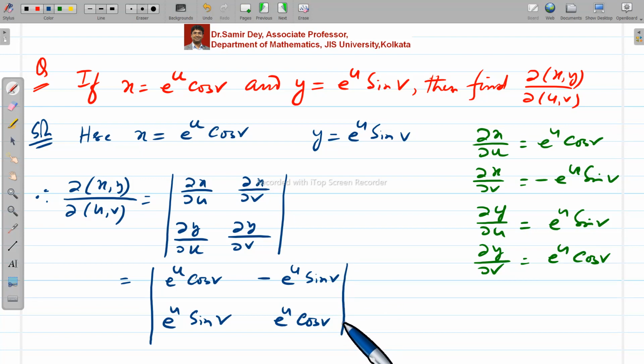Okay, now you need to simplify. Already you know the determinant, this into this minus this into this. So ultimately it is coming.